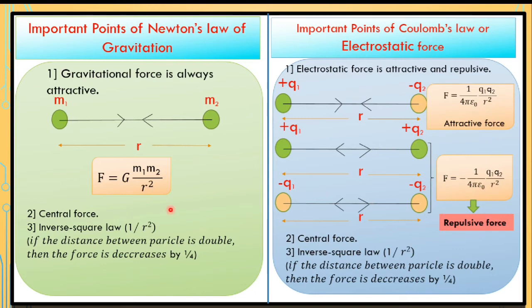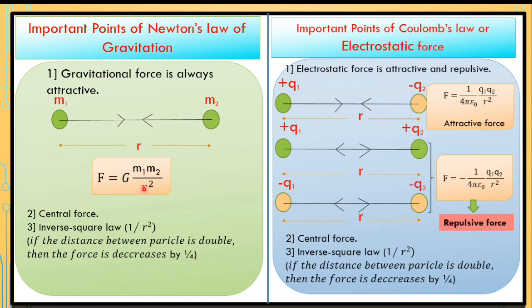If the distance between particles is doubled, suppose r is equal to 1 meter in one case and r is equal to 2 meter in the next case, so we have doubled the distance, then the force decreases by 1/4.